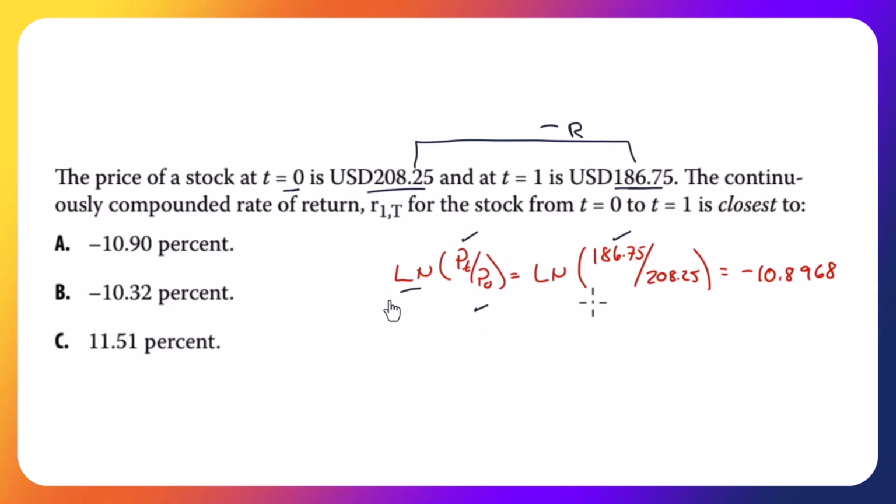PT 186.75, P naught 208.25. Divide these two, just hit LN on your calculator, take the natural log, you'll get negative 10.8968%. 10.9%. It won't say negative 10 point, you'll have a decimal place in front of it.